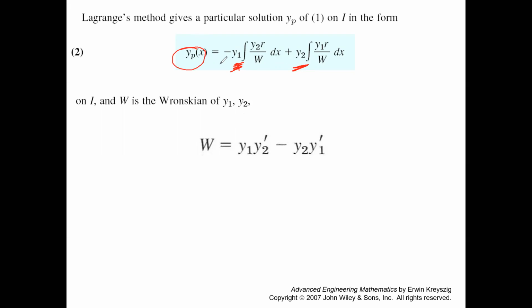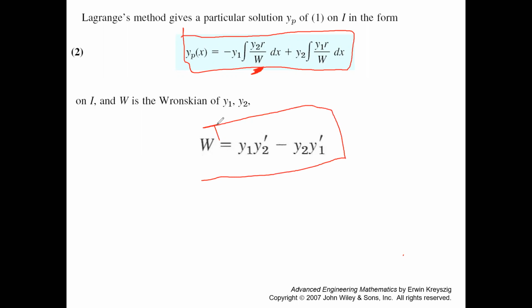So this is a method for when you don't see your Rx on the table. You can use this formula to find your Yp. Y1 is the solution of your homogeneous and Y2 also. But now you have another term called the Wronskian, which is formulated like this, where Y1 and Y2 are the solutions of the homogeneous.